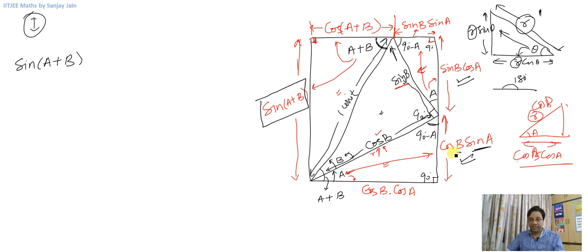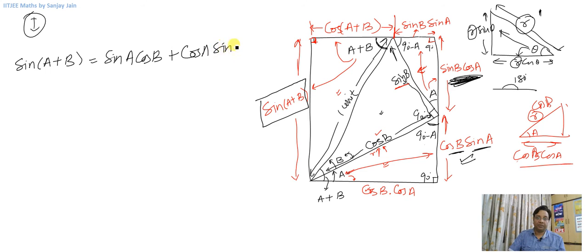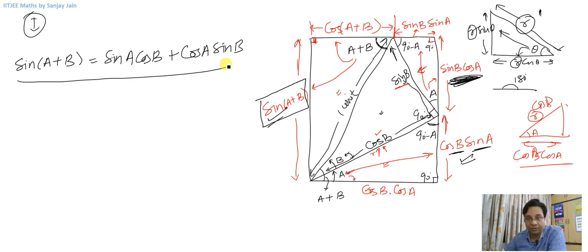This is sin A cos B, and this can be written as cos A sin B. So I'll add this cos A sin B, right? I've just used a simple fact that opposite sides of a rectangle are equal, so I could find the value of sin(A+B). So this is one of the formulas, or identities, that I wanted to find out.